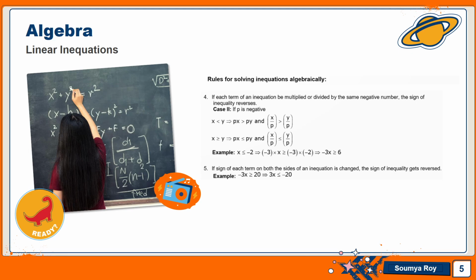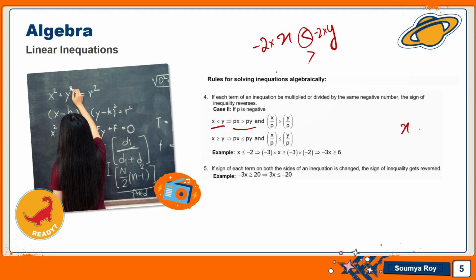Okay, then moving on to the further rules. It says if x less than y, and what if p is negative, then what will happen? The sign will change. If you multiply by any negative term, this sign will change, right?